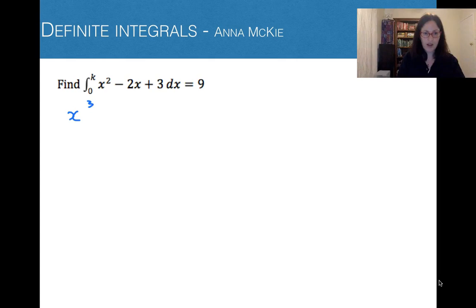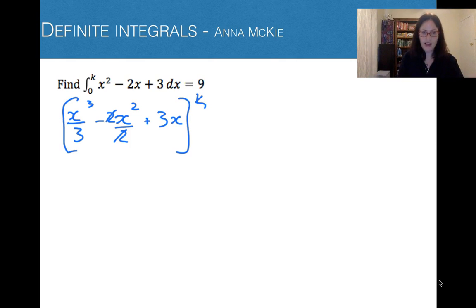Raise the power by 1, put it over the power. Same here, raise the power by 1, put it over the power, and those 2's are going to cancel out, and that will be 3x, square brackets, k and 0, equals 9. Okay, so now we're going to substitute in k.